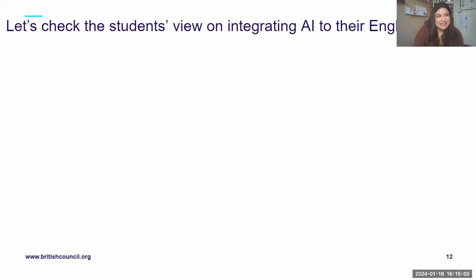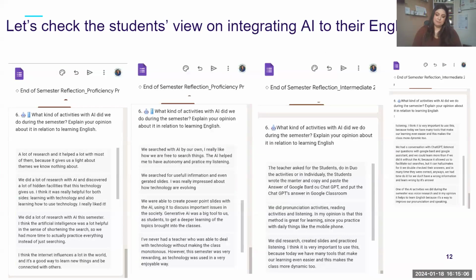Very well. I'm moving along here. In the last class, I conducted a survey about some aspects of the class, and there was one question that was precisely about the integration of artificial intelligence with the class.